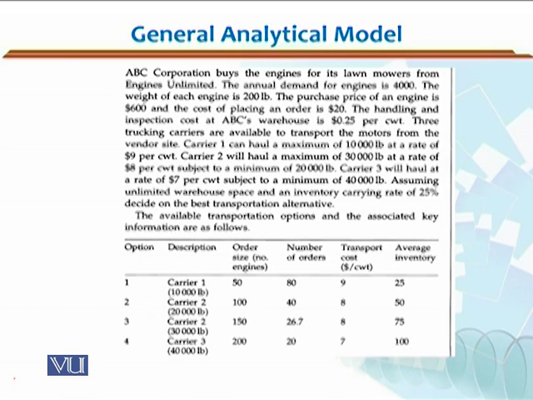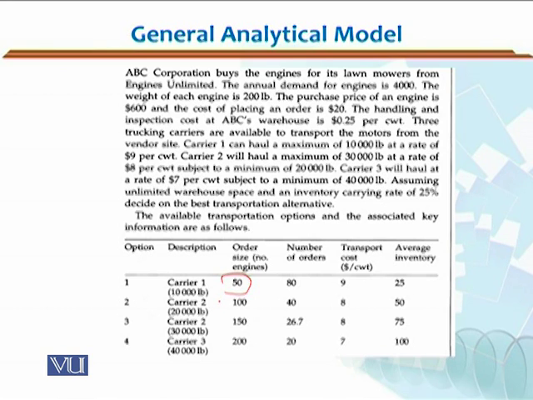For an order size of 10,000 lb, since one engine is 200 lb, obviously 10,000 lb would become 50 engines, right? Then how many orders would you be placing? It would be 80, and the transportation cost would be 9, as given.